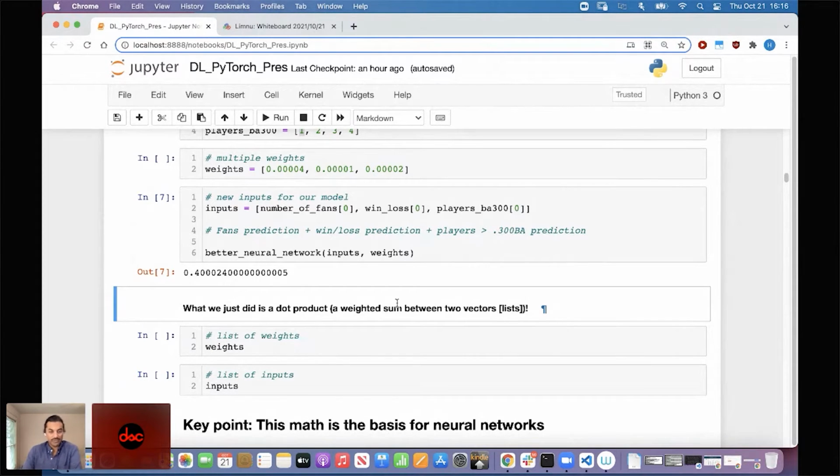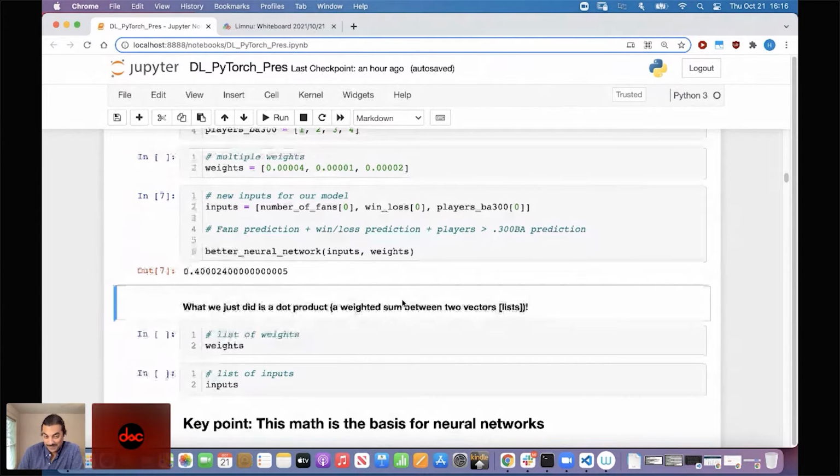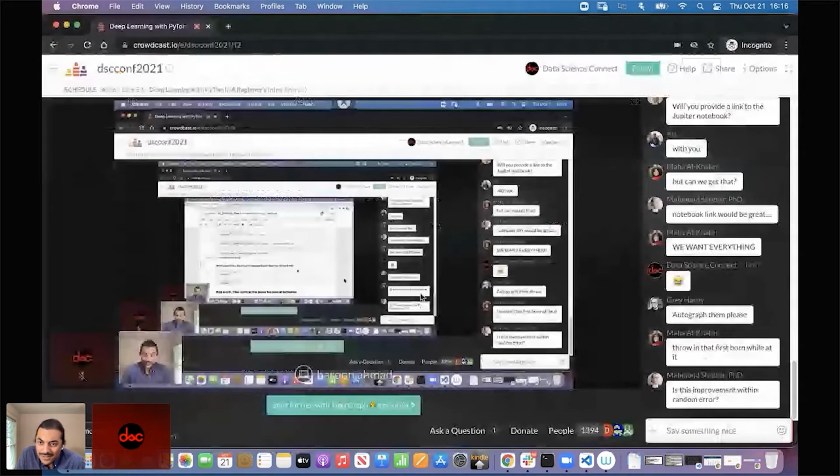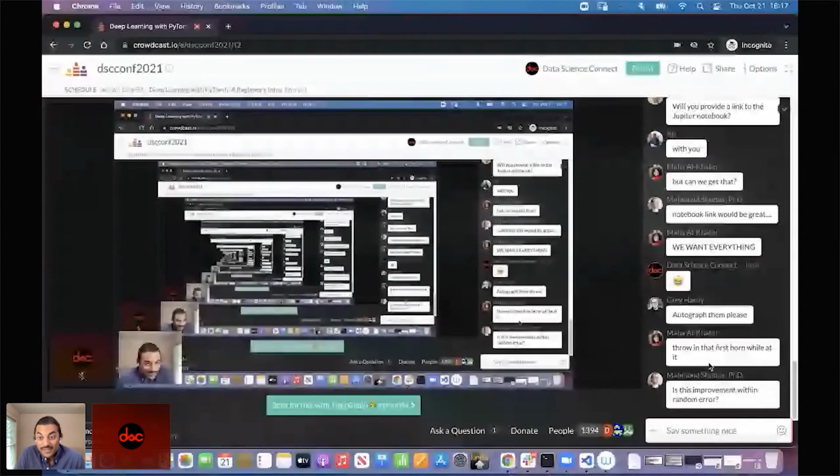I want to take a pause here. I feel like I've been blabbing too long. I want to field some questions. No, nothing? We're all getting it? Really? I'm doing that good or I'm doing that bad? Let's see. Autograph simply doing the first one. Is this improvement within random error?